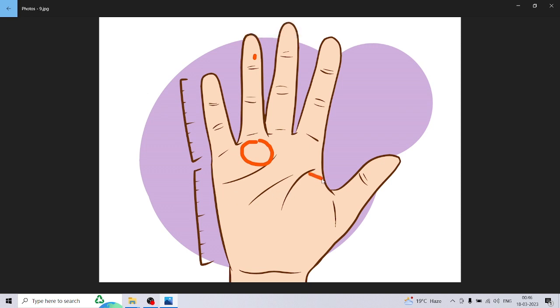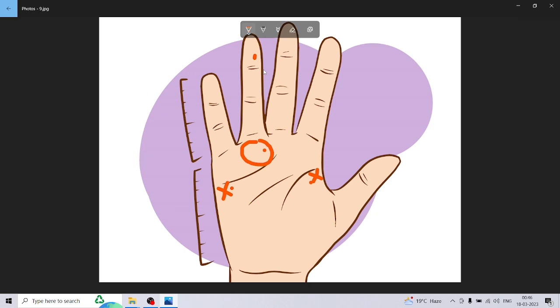This one near the thumb is the upper Mars in palmistry, and this one is the lower Mars in palmistry. So you can make it in any of three places: on the area of fire, which is the Sun area, you can make the symbol of Mars over here; you can make it over the upper Mars area; and you can make it in the lower Mars area, just as I have pointed out over here, or over here.